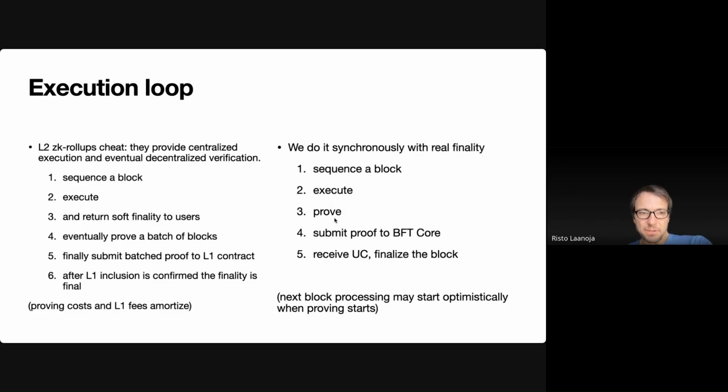With the BFT core, the Unicity certificate request is the name of the transaction. And then pretty soon we receive back a UC, a Unicity certificate, and can finalize the block. Right now I have implemented it as one big loop, but instead we can run sequencing and executing the next block in parallel during the proving time already. So it's a bit optimistic, but we can roll back any time.